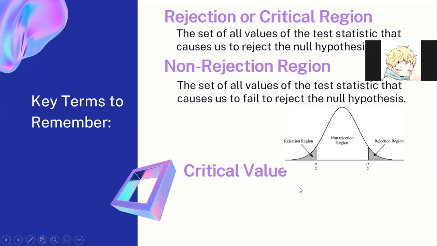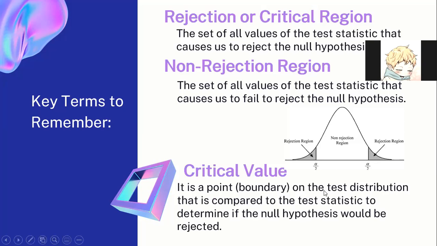Okay, and then the critical value actually is the tabular value. So it is a point or boundary in the test distribution that is compared to the test statistic to determine if the null hypothesis would be rejected. So itong area na rejection region can be found actually from the table. So if you will use the T table or the Z table, whatever is the value na makikita ninyo doon, yun yung area na ilalagay ninyo dito.